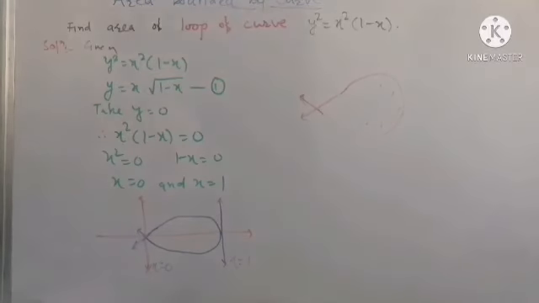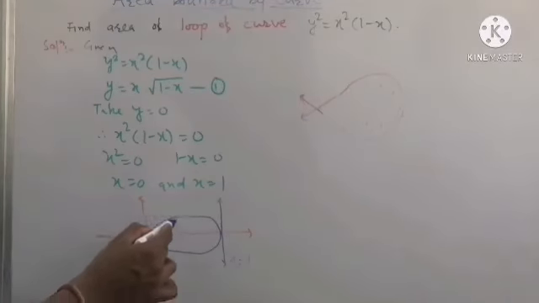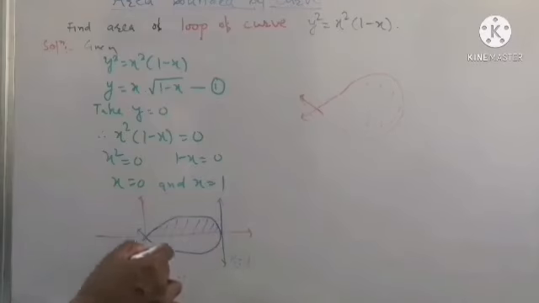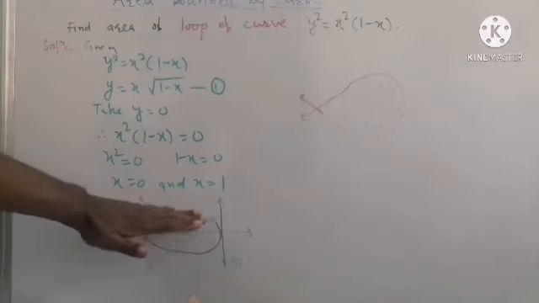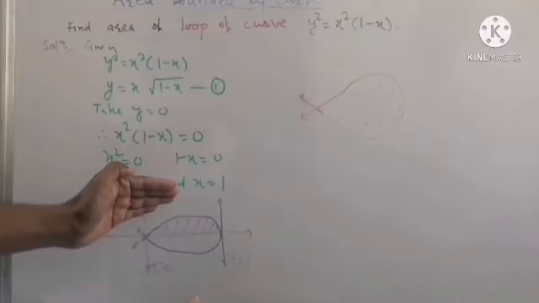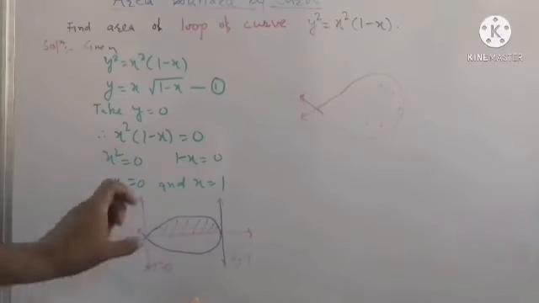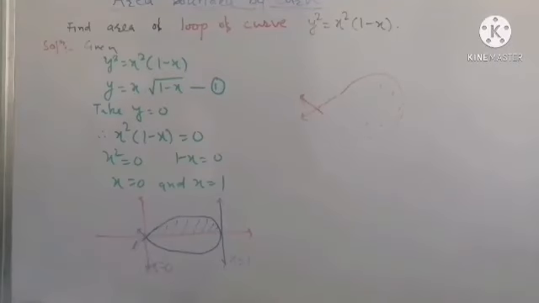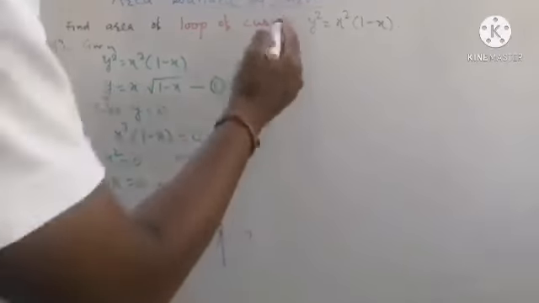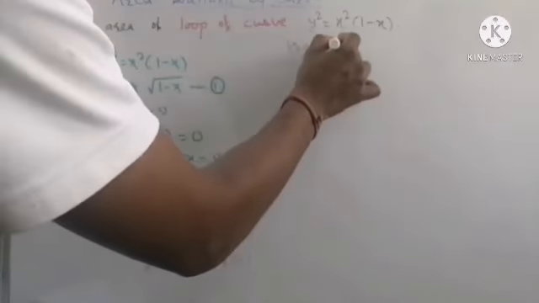Now from the figure we observe that the area bounded by the loop is divided into two parts, above the x-axis and below the x-axis. What happens if we take direct integration from 0 to 1? We can only get one side, as we find the area bounded by the curve with the x-axis from 0 to 1. But from the figure we want the entire required area, so we have to multiply that area by 2.